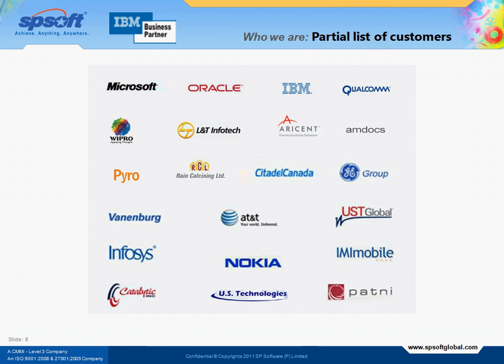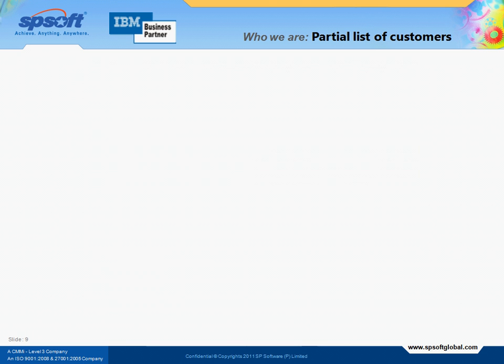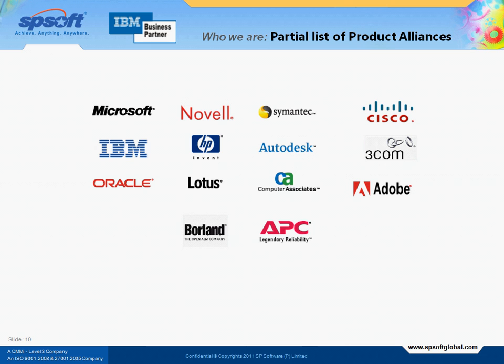We have partnerships with vendors like Microsoft, Oracle, IBM, Qualcomm, L&T, and this is a partial list of our customers, and these are our alliances, partnerships with these company principals.